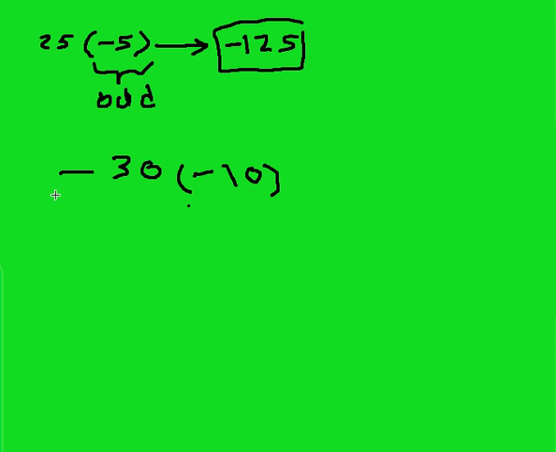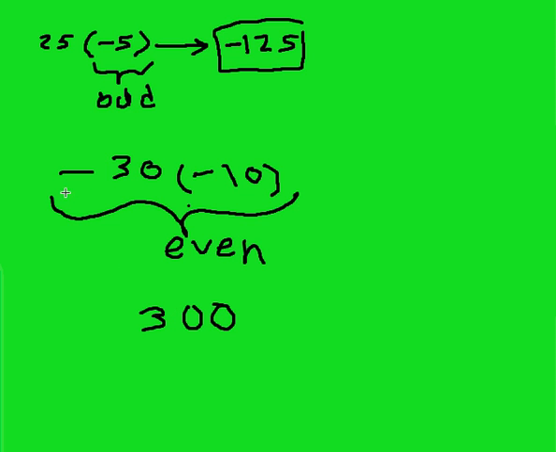In this case, we have an even amount of negative signs. It's pretty simple. 30 times 10 is 300. And since we have an even amount of negative signs, it's going to come out to be positive 300 as our answer.